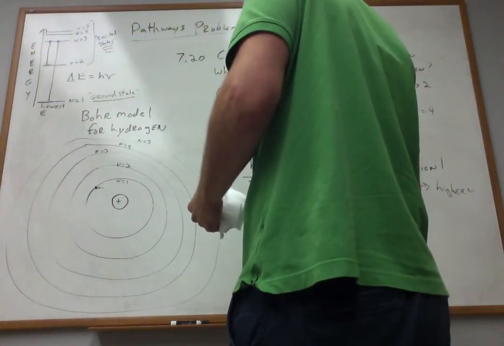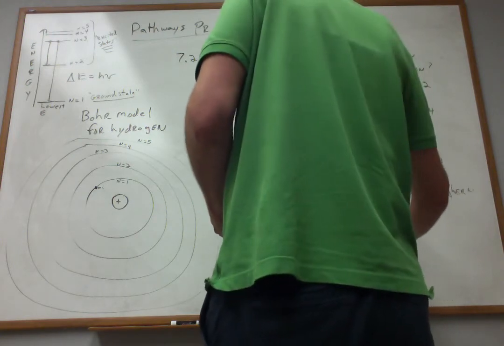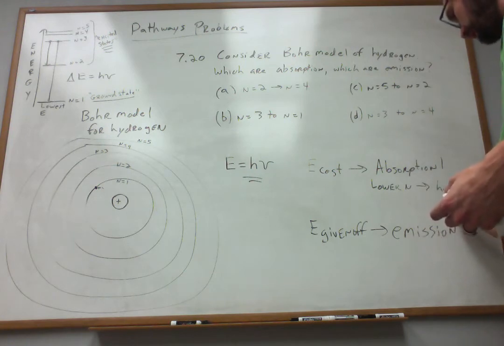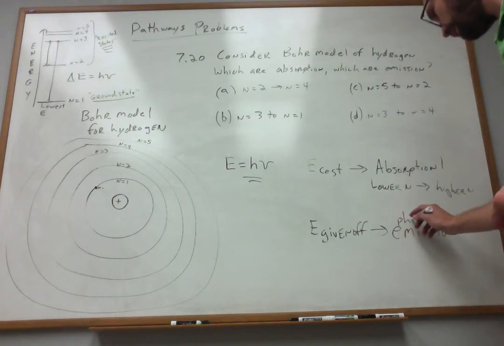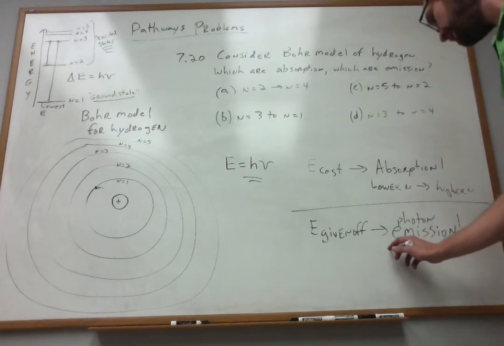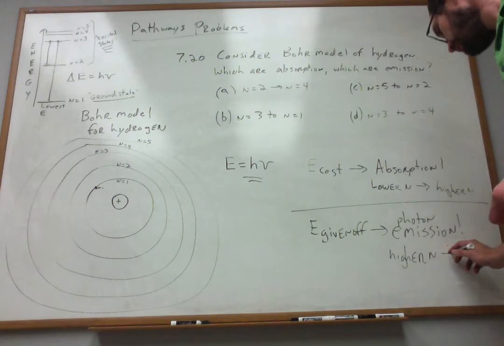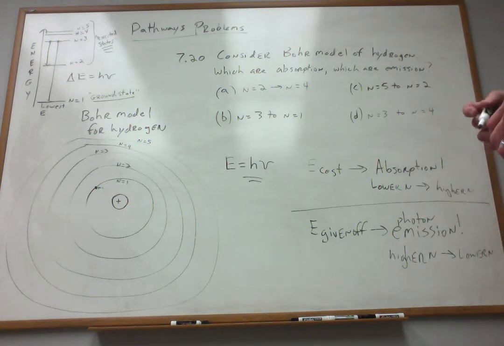So in the case where energy is given off, the atom is going to be doing this through emission of a photon. So in this case, I have to go from a higher n to a lower n. If I do that, my atom's going to give off light, okay? That's what characterizes photon emission.